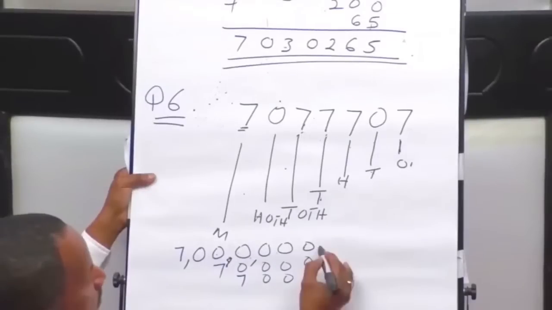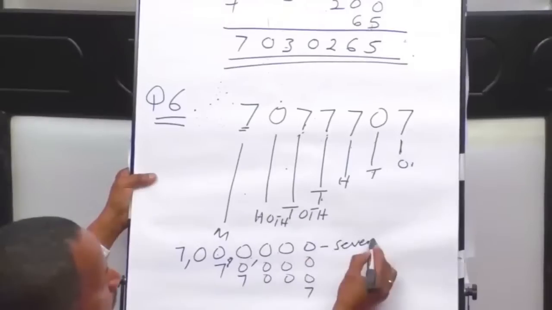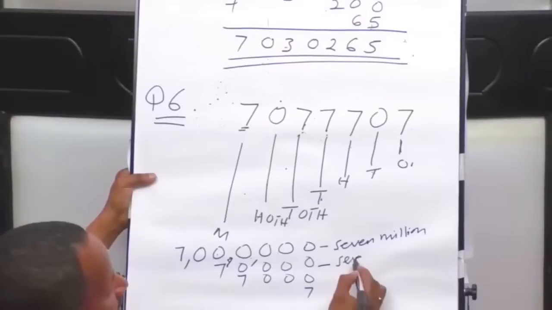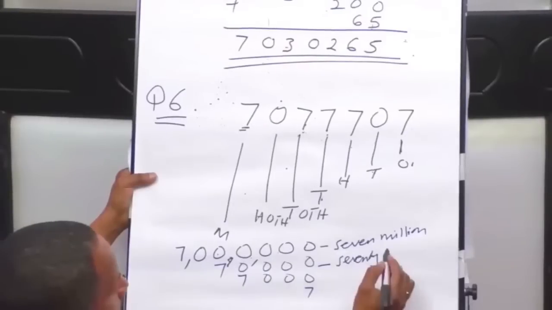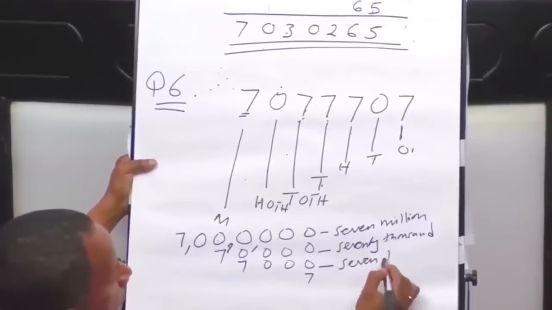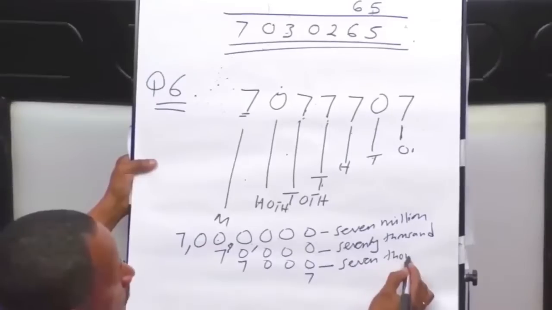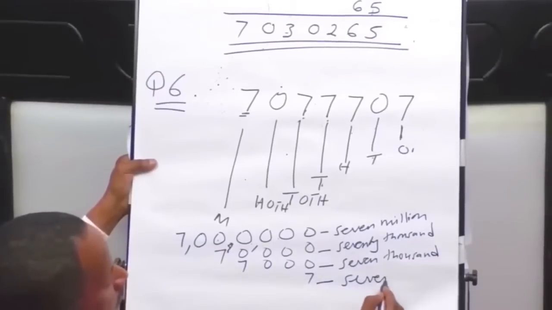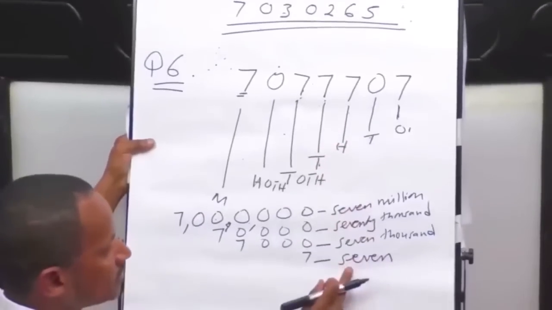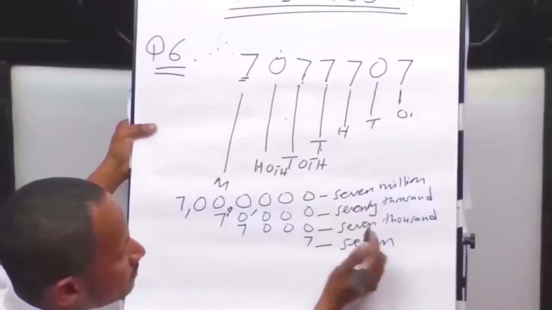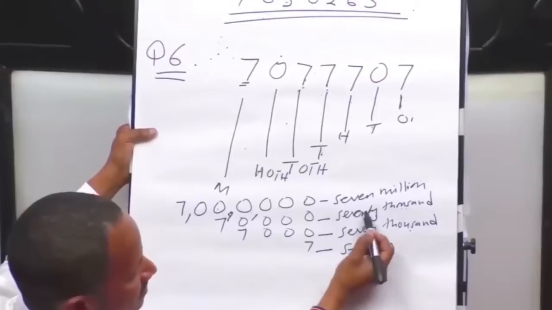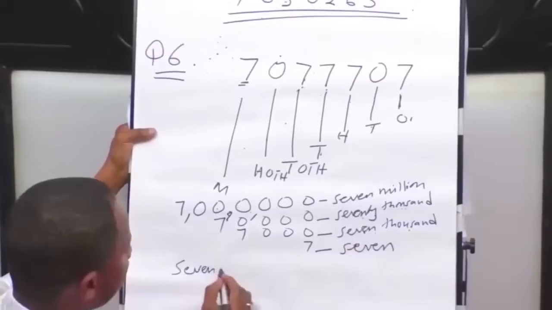So this is, just write it down, 7 million. Then the next one is 70,000. Then write the next is 7,000. The next is 7. So combine this, because you've been given in numbers, combine in words. So it is 7 million, then we have 70,000, then 7,000.